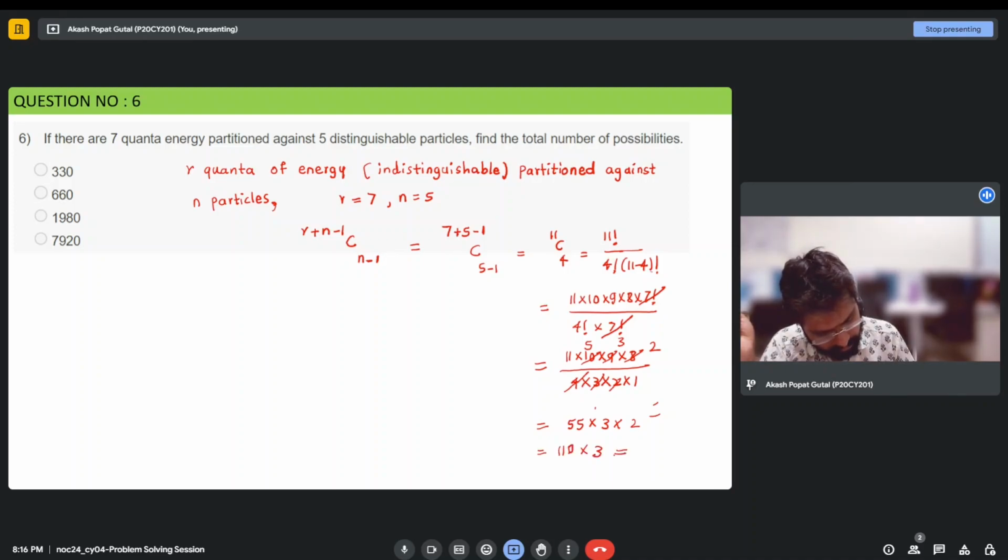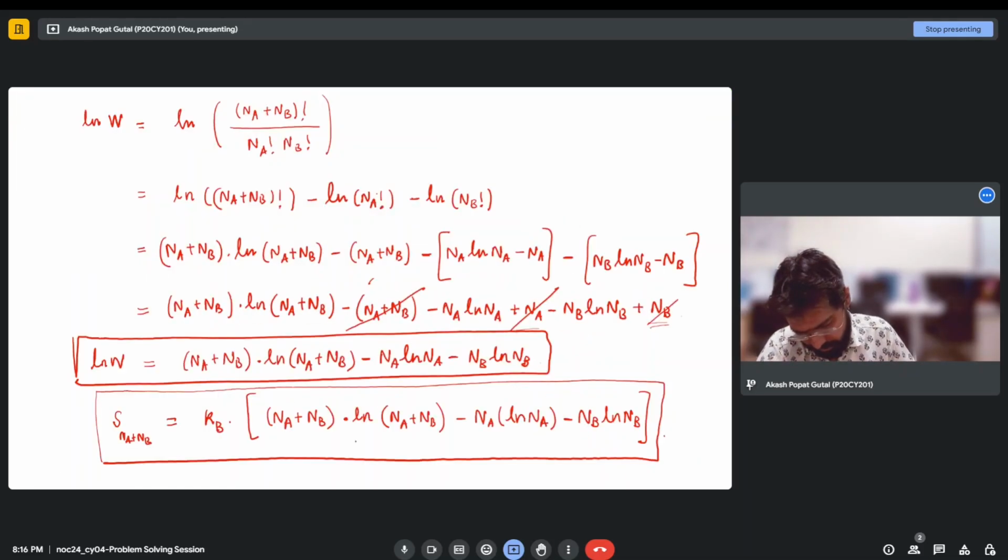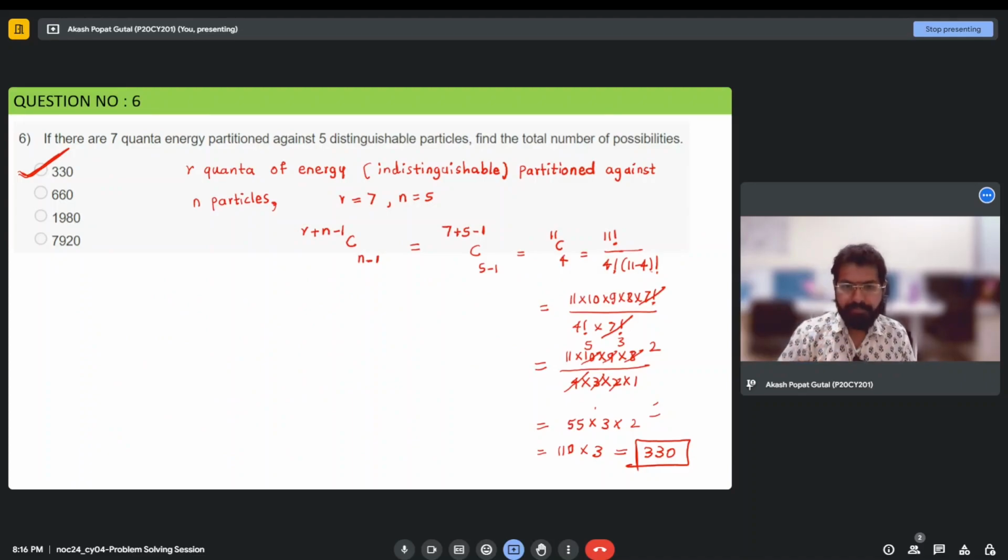Cross 3 is nothing but 330. So your answer should be 330, option number A. Fine.